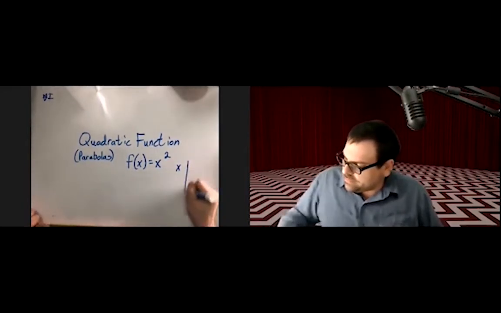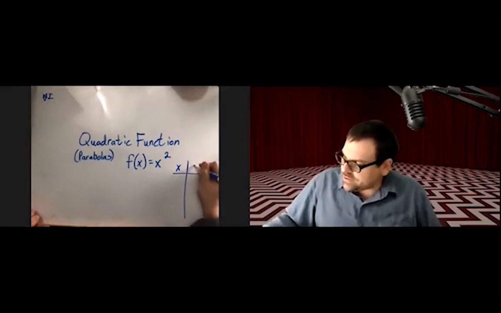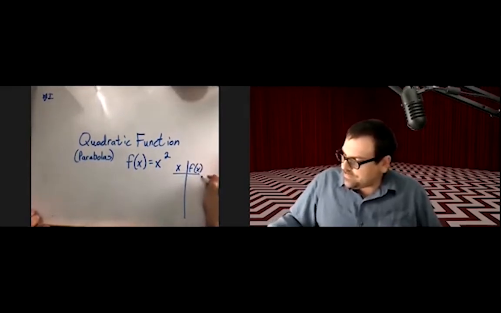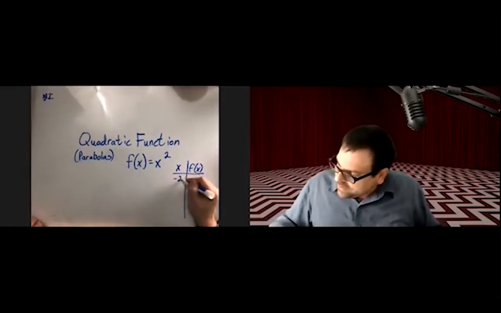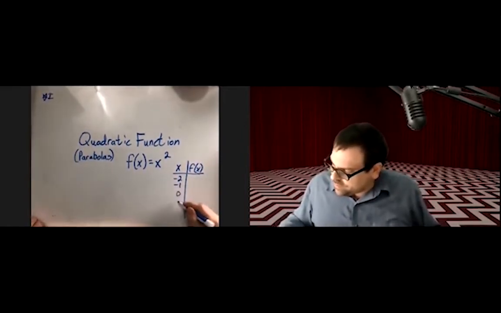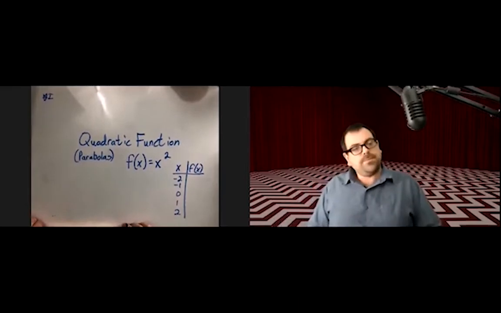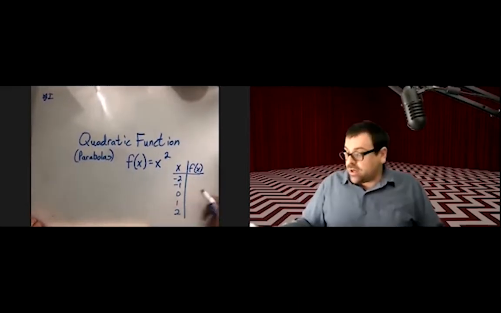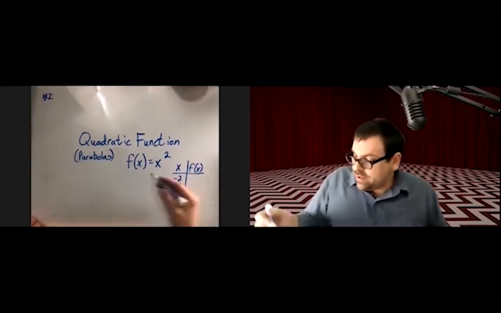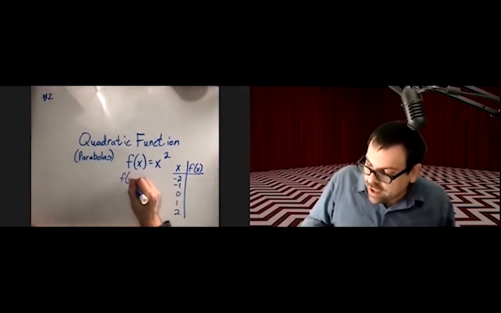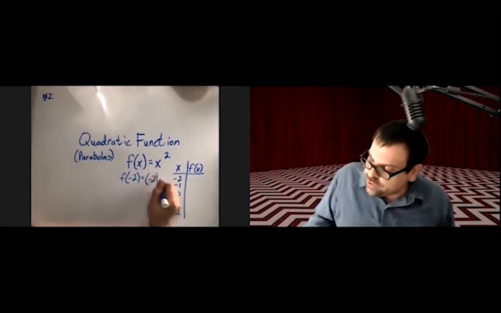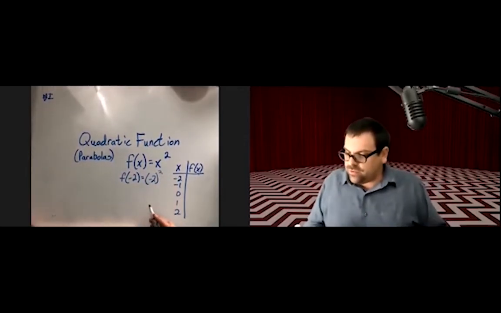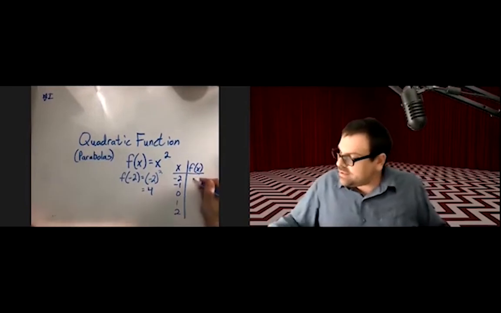So if I made a table for some points, f of x, and I want some negatives, 0, some positives, and I start plugging these in, finding f of -2 would be -2 squared, and -2 squared is +4.